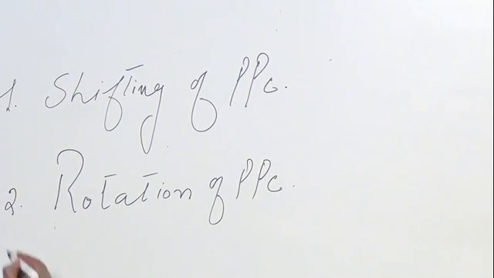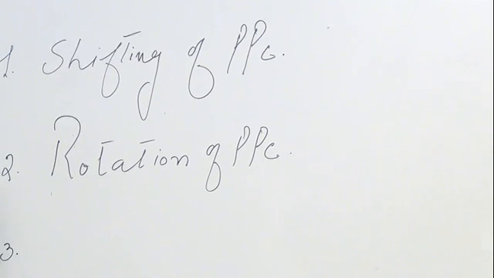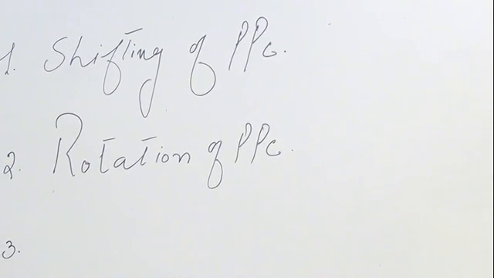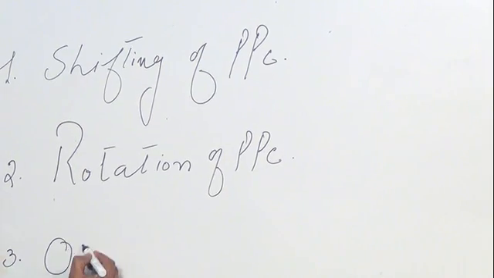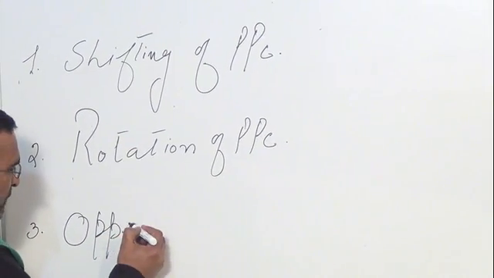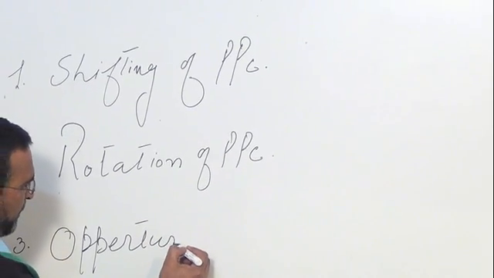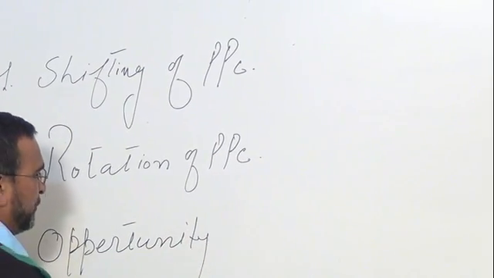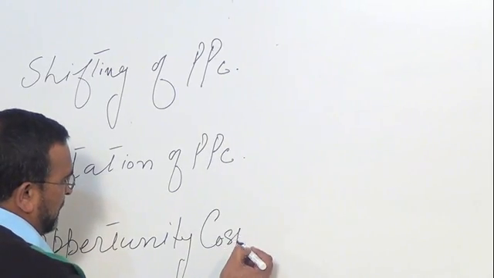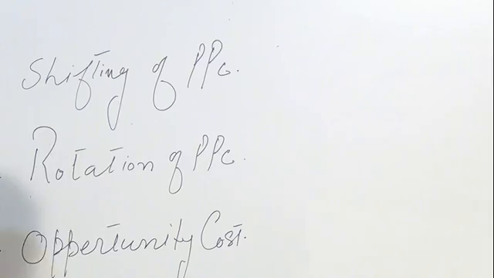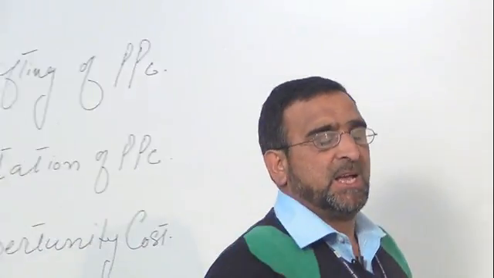Then we have one more concept related to this production possibility curve that we call opportunity cost. These are the three topics of the same unit, Introduction to Economy, which I am going to discuss with you.